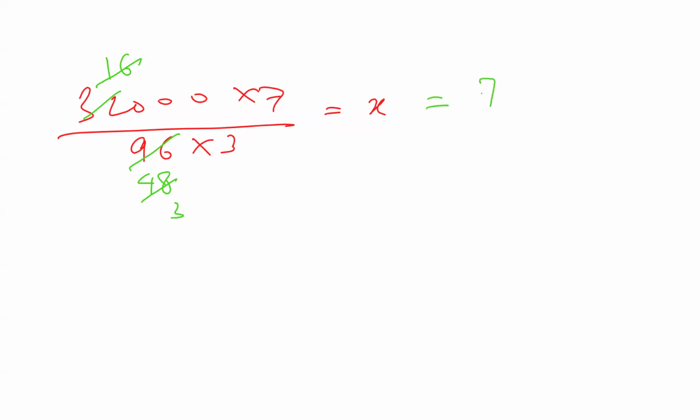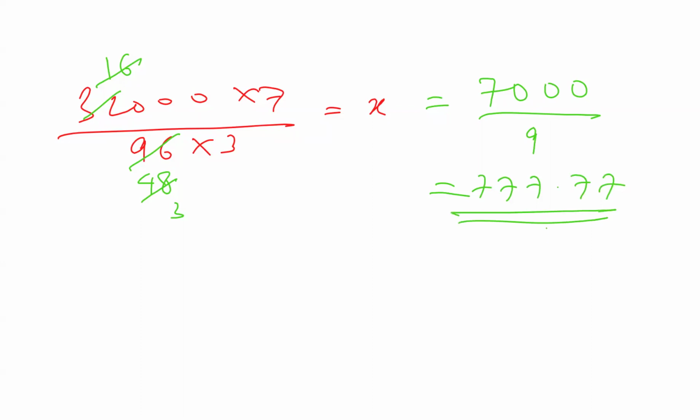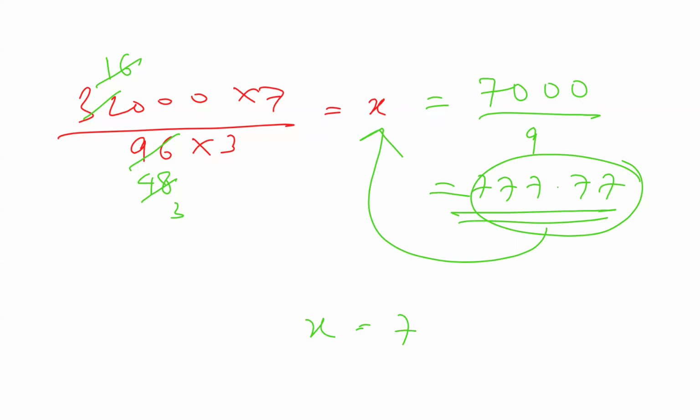That's how you can calculate as well. 7,000 upon 9. So that is equal to 777.77. This is the value of x. Now x is the number of bed sheets, right? It cannot be in decimal. So we'll round it up. So it will be 778. So these are the number of damaged bed sheets. Okay. Thank you.